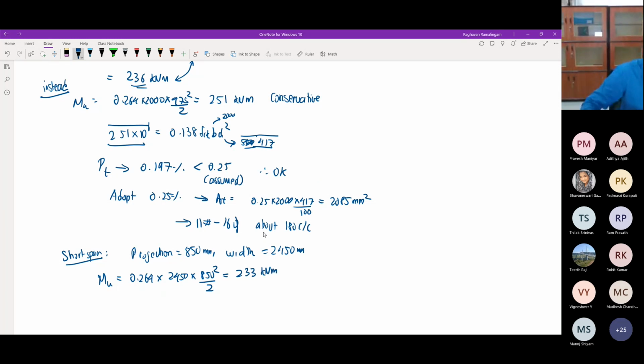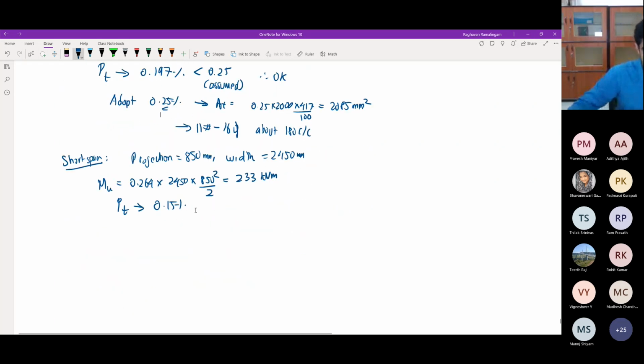Once again, the same procedure can be followed. You can use mu and the formula for PT. For this I get 0.15%. In this direction you don't need to give 0.25, so I can probably give the same 0.15 itself.